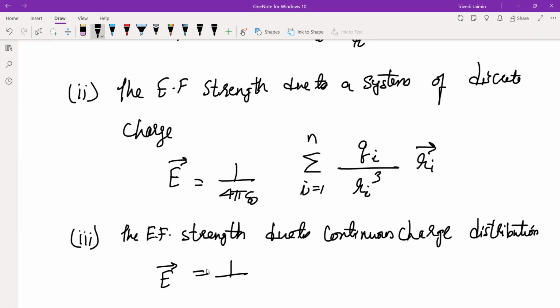So whenever there is a uniformly or continuous distribution, we simply cannot add, we have to integrate. So integration of this we will do.